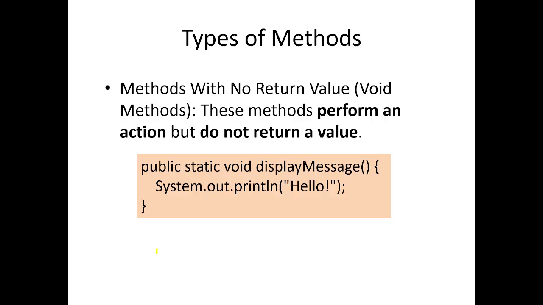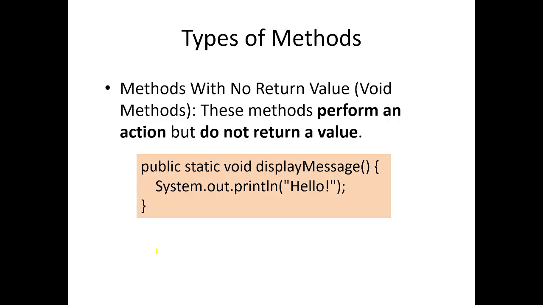Let's see the types of methods here. There are lots actually, but we will consider the common ones in Java. The first one is methods with no return value. We can identify this using the keyword void, or we call these void methods.